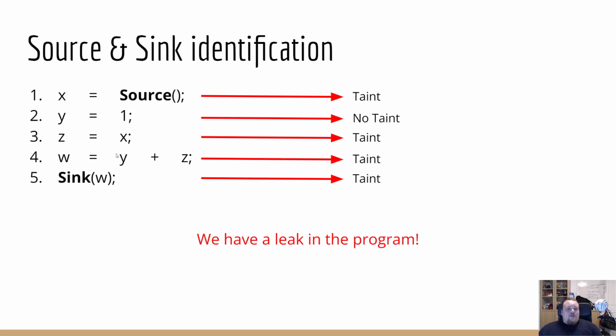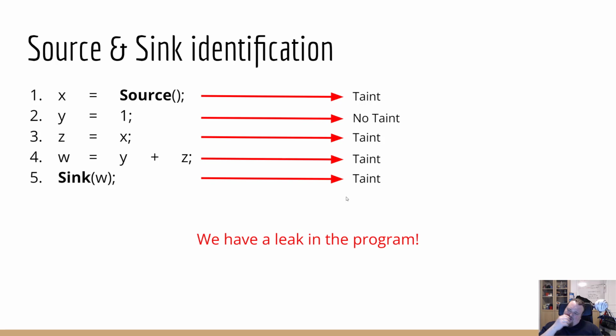Alright, so then we have the variable called w, and that is equal to y. So y is the value with no taint, and when you add that to a tainted value, which is equal to c, which is equal to x, which is the source, it says no taint plus taint is equal to taint. That's another way of looking at it. So in the end, we execute w, which is tainted.